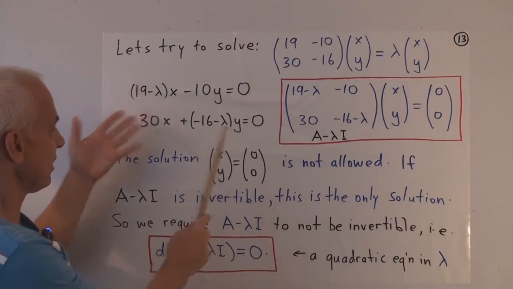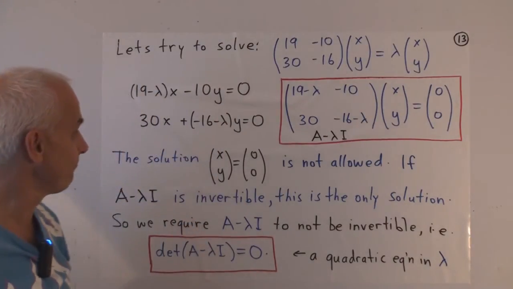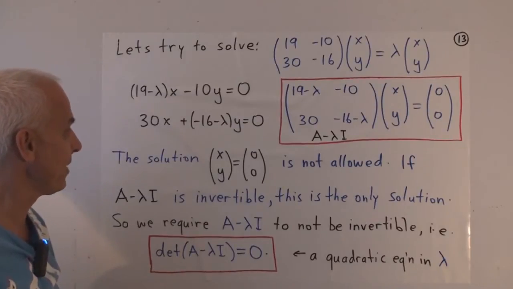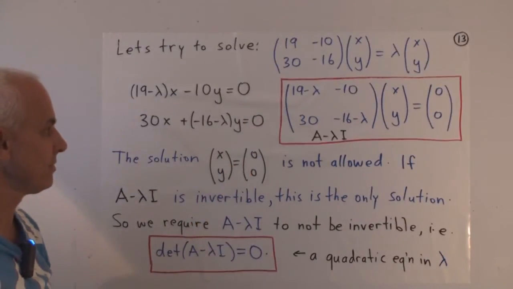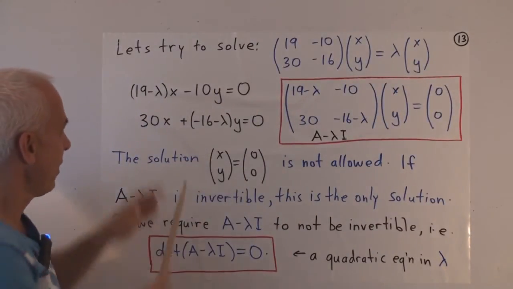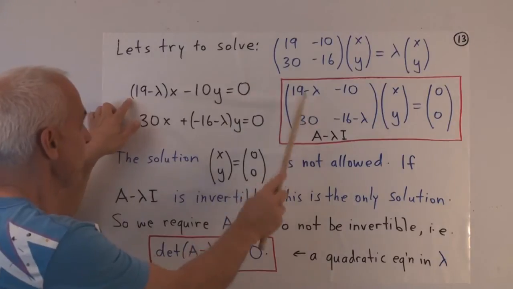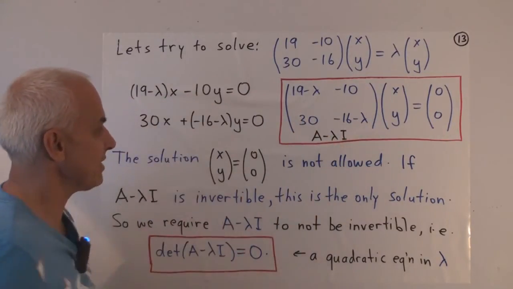Okay, that's a little system of linear equations in x and y. It's a 2 by 2 system, with the right-hand side being the vector 0. Let's write that out in matrix form. The coefficients are 19 minus lambda, minus 10, 30, and minus 16 minus lambda.